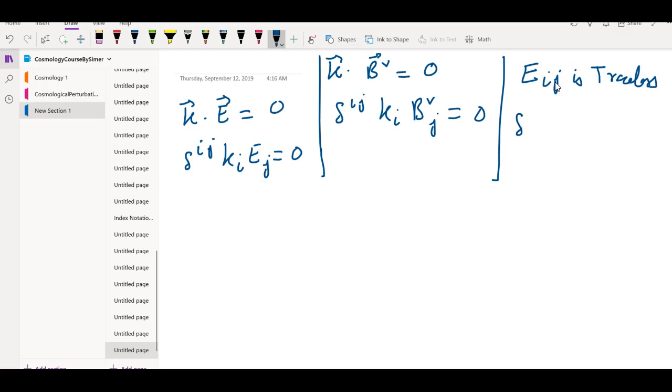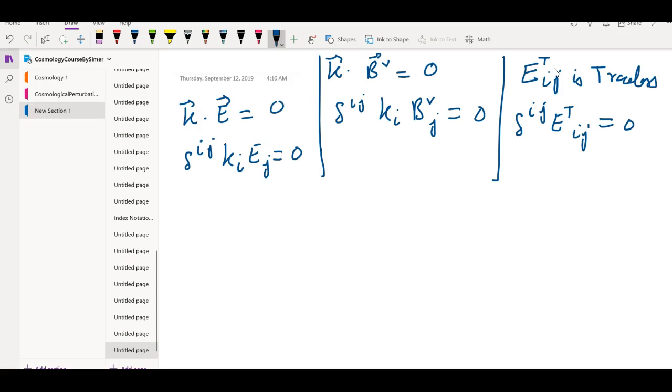The traceless condition gives us delta_ij, sorry, not E but E^T, because we split T into three parts, and now the E^T part is traceless, so this gives us delta_ij E^T_ij is 0.